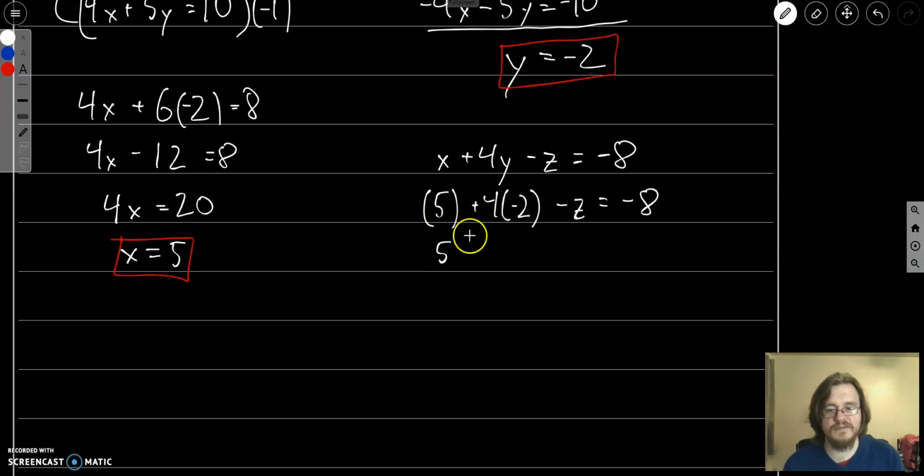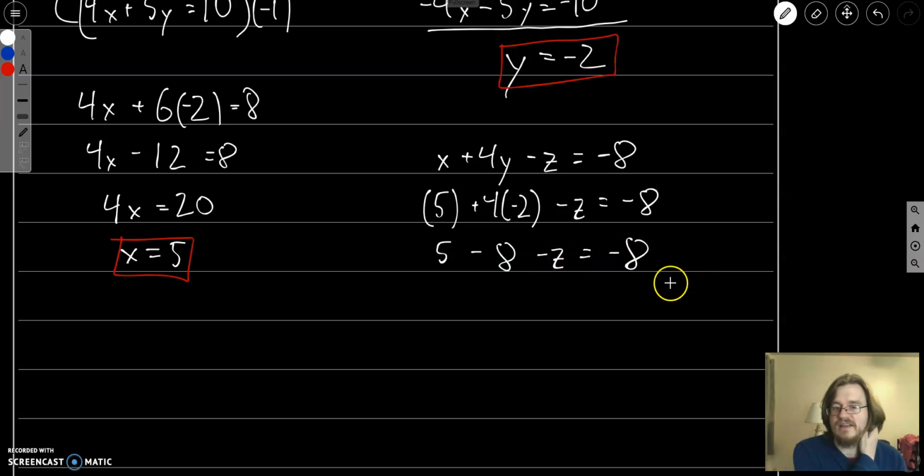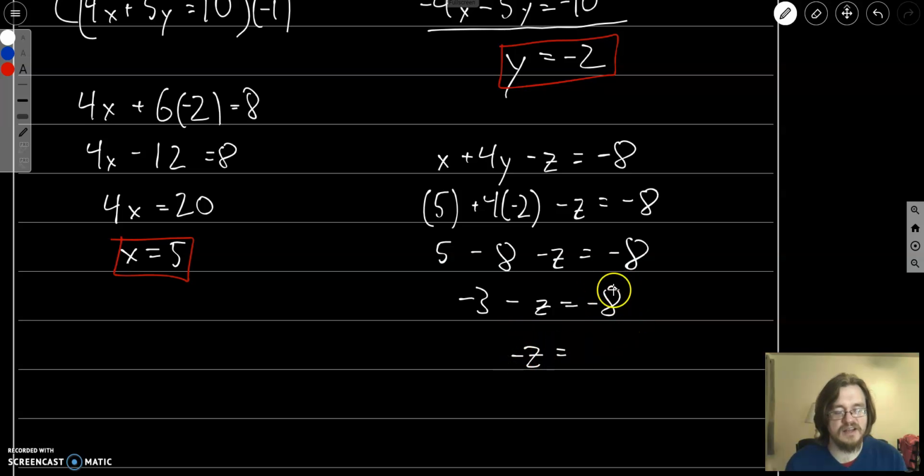So 5, 4 times negative 2 is going to be negative 8, minus z is equal to negative 8. 5 minus 8 is negative 3. I can add 3 to both sides to get negative z.